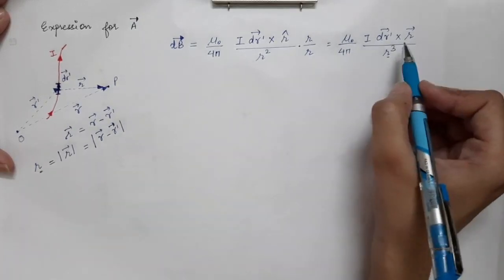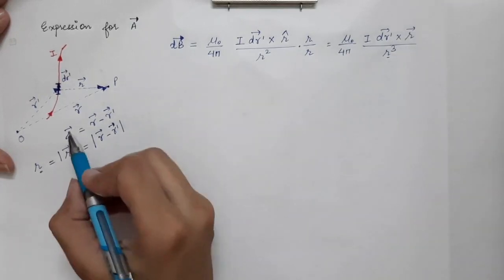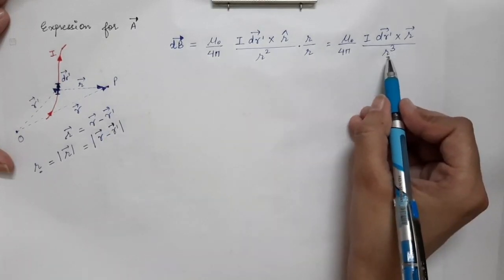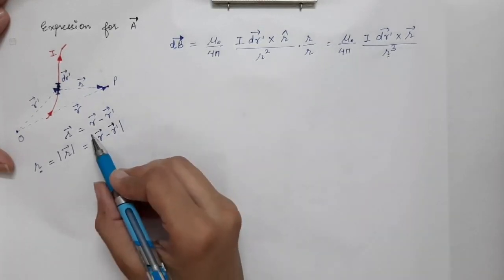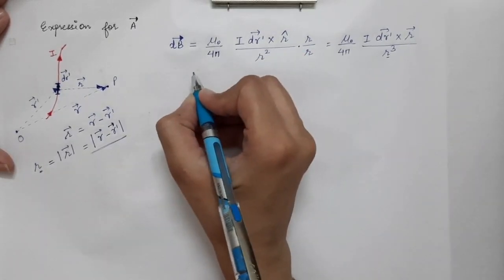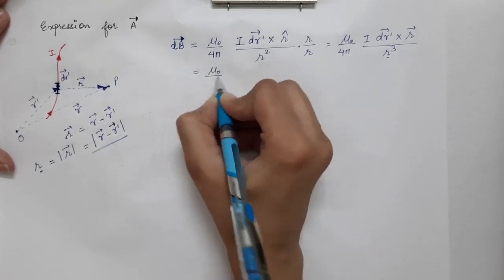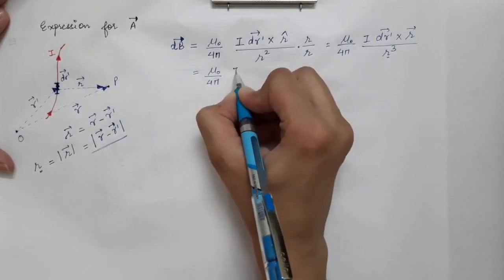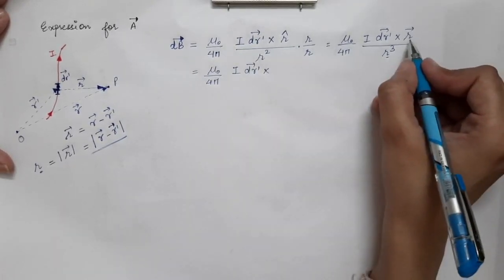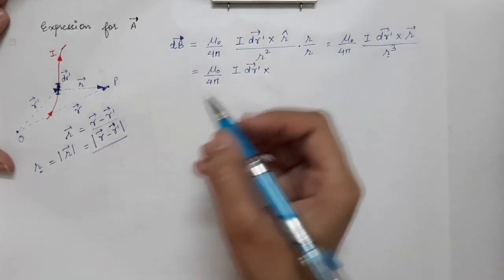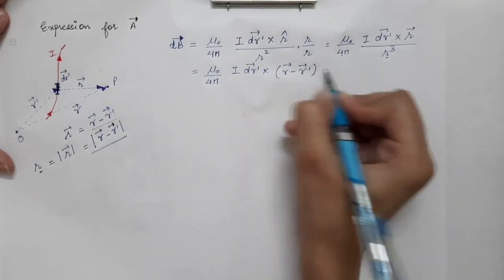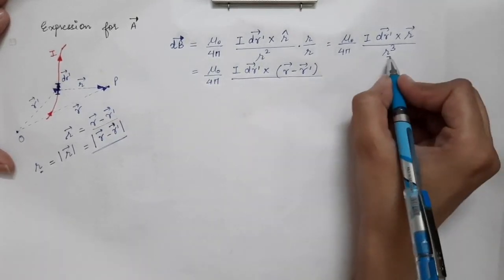Now you can substitute the expression of curly r. Curly r vector is equal to r vector minus r prime vector, and the magnitude of curly r vector is equal to the expression on the right hand side. So dB vector will come out equal to mu naught divided by 4 pi, I as it is, dr prime vector as it is, then cross product with curly r vector, that is r vector minus r prime vector, divided by curly r cube.